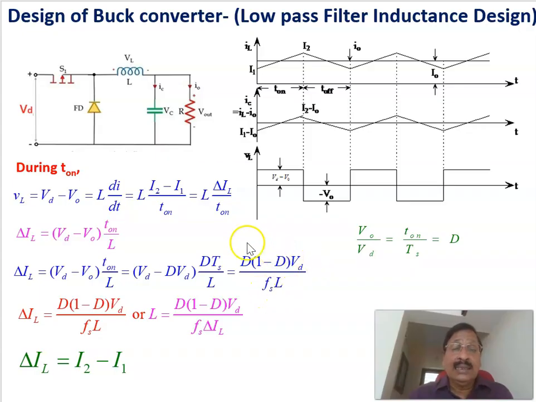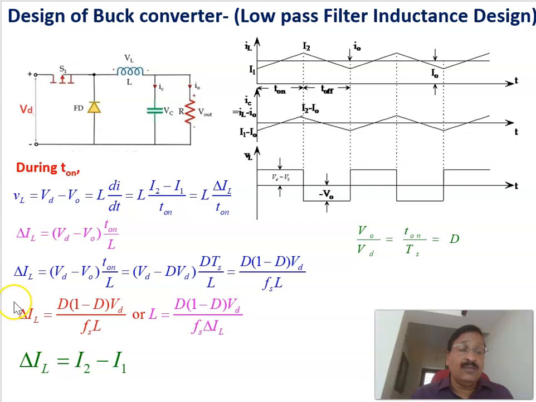This is the equation for the change in current, delta IL, that is I2 minus I1, given by D times Vd times 1 minus D divided by Fs times L, where Fs equals 1 by Ts. From this equation, you can find the inductance value.